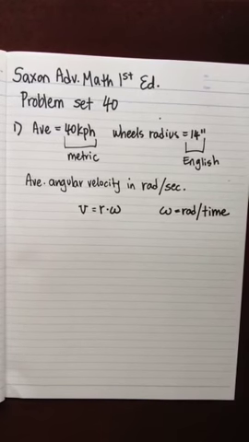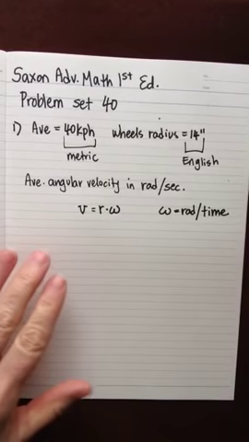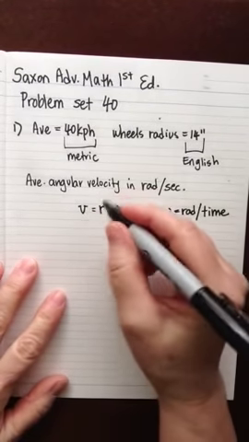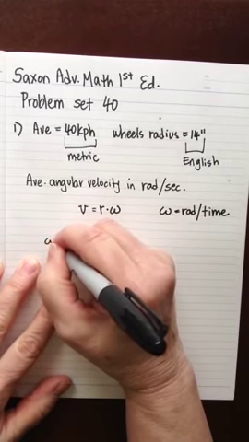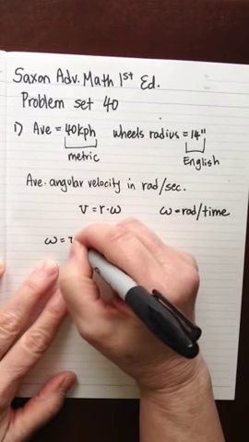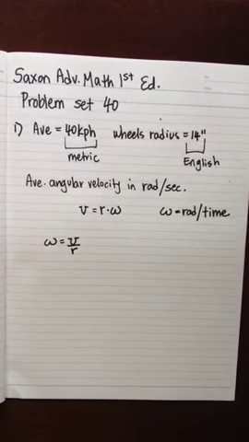So all we really need to do to solve this problem is first solve for omega, which we can do by dividing both sides by r. Omega equals the angular velocity divided by the radius, and then making the units into the same system, and the answer should just fall out.